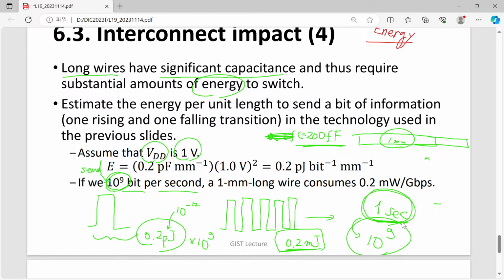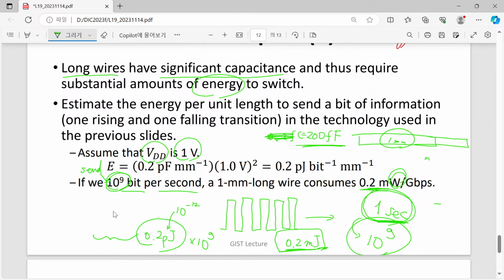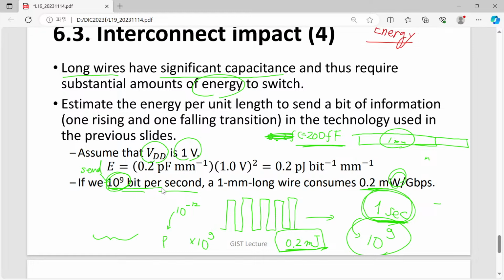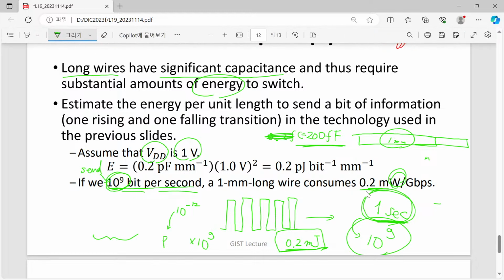So 1 second and a certain energy dissipation can be written as a power unit. So you can say that this corresponds to 0.2 milliwatt consumption. Of course, this is all related to our assumption. If we send our signal at 10 to the 9 bits per second, then it will consume 0.2 milliwatt.